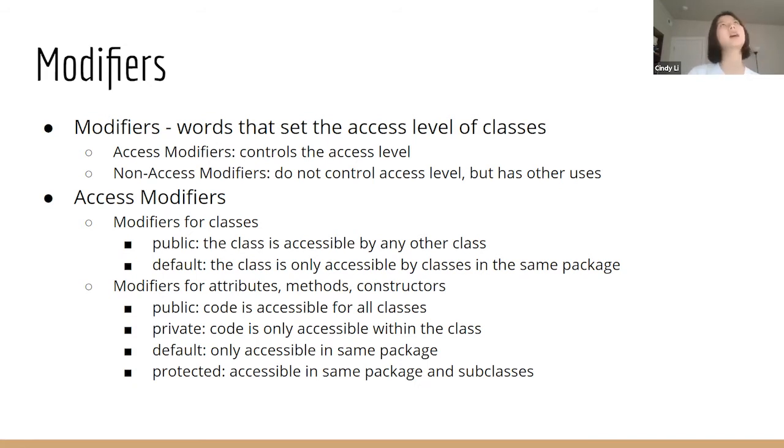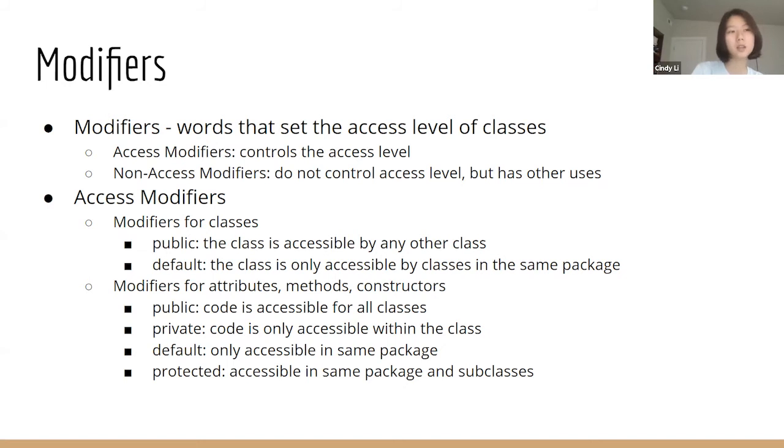So for example, if I have public class car and in the class car I have a private method called max speed, and I have an electric car that inherits from the public class car, it won't be able to access the method max speed because max speed is a private method, even though the class car is public.